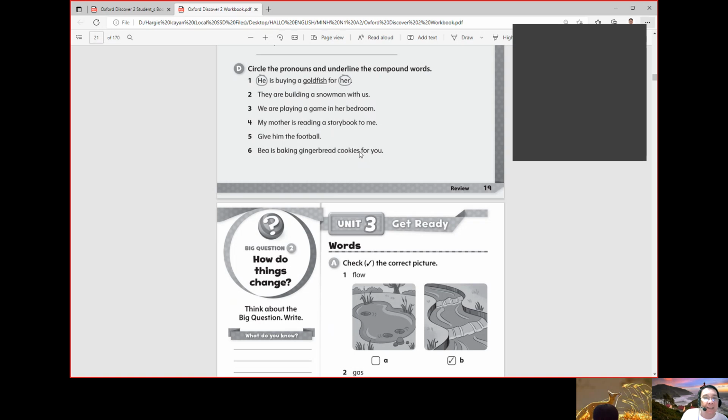Can you read that first? My mother is reading a story to me. Storybook. What's the pronoun? The pronouns are my and me.